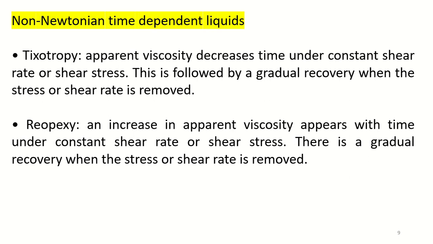Number one is thixotropy. It is an apparent viscosity decrease with time under constant shear rate or shear stress. This is followed by a gradual recovery when the stress or shear rate is removed.